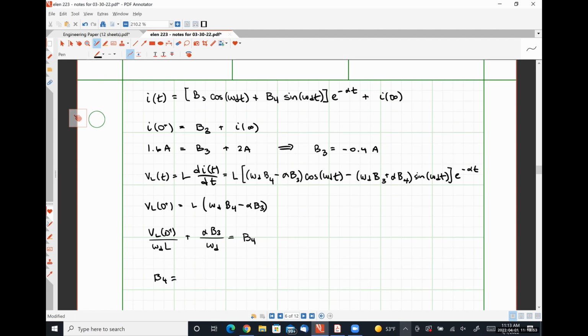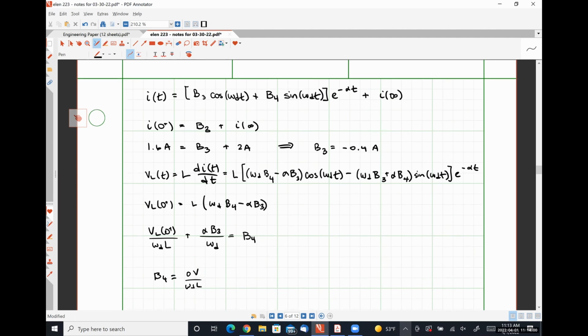Okay, 0 volts divided by omega_d times L, which obviously is just going to contribute 0, so I'm not even going to bother with those things. All right, what was alpha? 1/2. Is that correct?